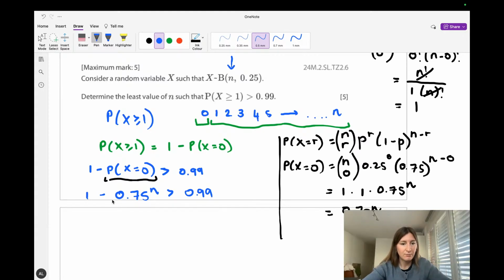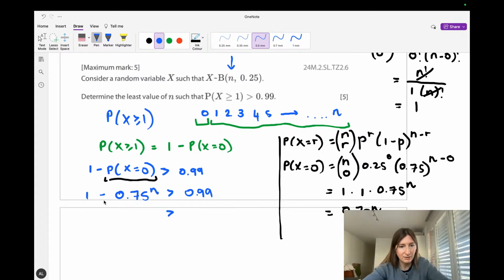So, right, we're at 1 minus 0.75 to the power of n, and we have an inequality here to solve. Now, let's just solve it like any normal equation, right? I have a value of n there, I have 0.99 there. So I want to join up that 1 and that 0.99. Those are like terms. So what I'm going to do is move this 0.75 to the power of n to the other side.